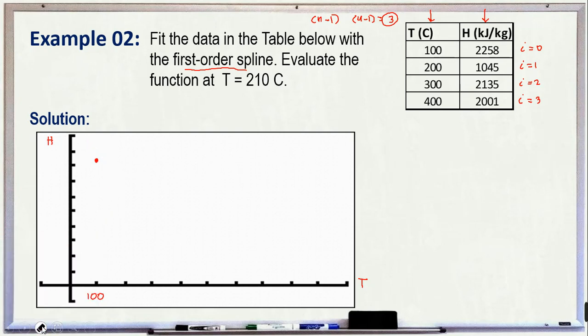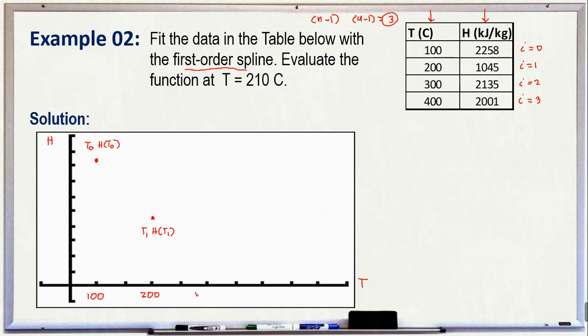So kuha siya diri at T naught. So this is T naught and then h of T naught. Now next we have 200. So si 200 may ubos siya no. So this is T1, h of T1.